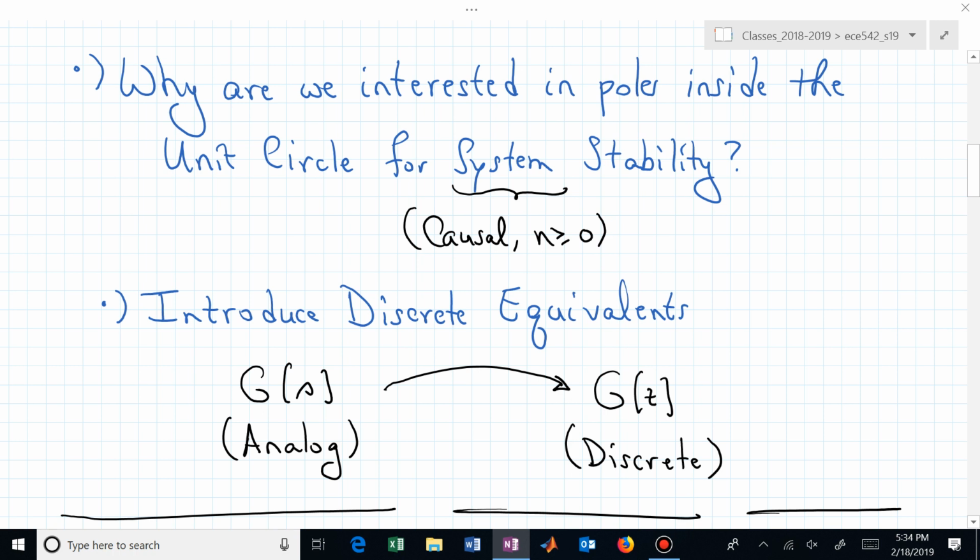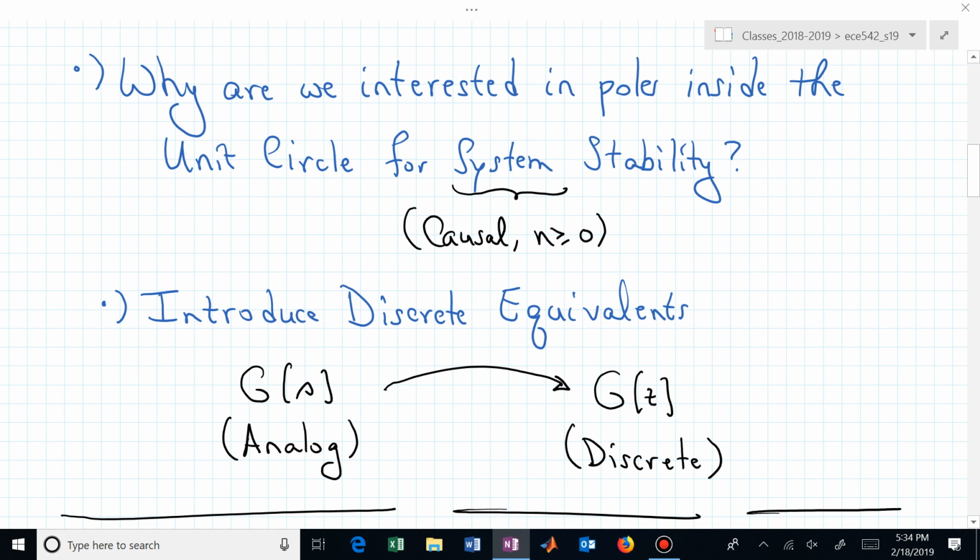And before exam 2, we want to more thoroughly examine this notion of discrete equivalence. If somebody gives you a G of S, how do we find its equivalent in the Z domain? And G of S could arise as a filter. It could arise as a system.